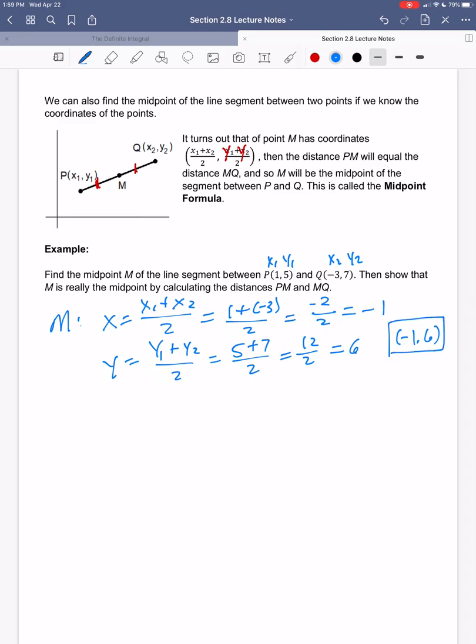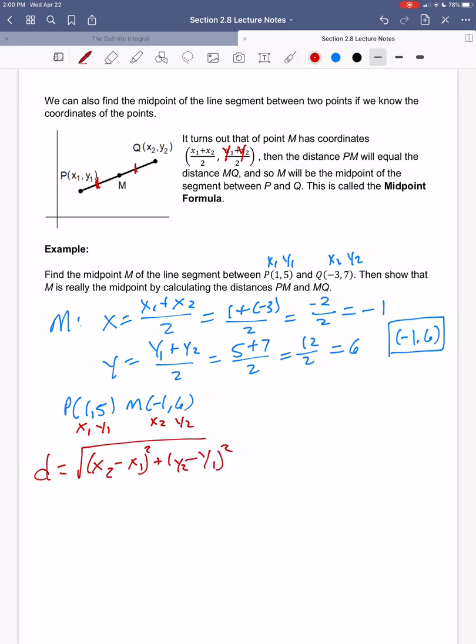Now I'm going to show that M is really the midpoint by calculating these distances. So my point P is 1, 5. My point M is negative 1, 6. So I can call this x1, y1, x2, y2. And my distance, using the distance formula, is x2 minus x1 squared plus y2 minus y1 squared.